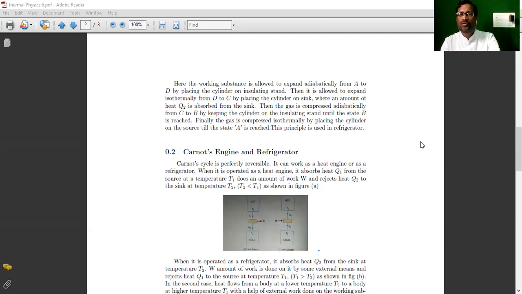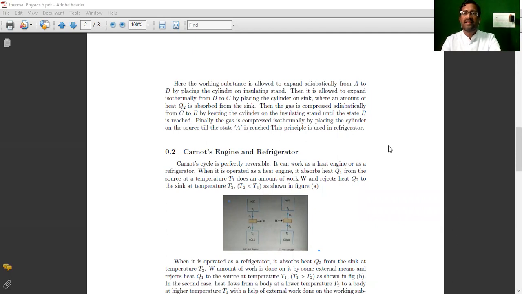Then it is allowed to expand isothermally from D to C by placing the cylinder on a sink, where an amount of heat Q2 is absorbed from the sink. Then the gas is compressed adiabatically from C to B by keeping the cylinder on the insulating stand until the state B is reached.